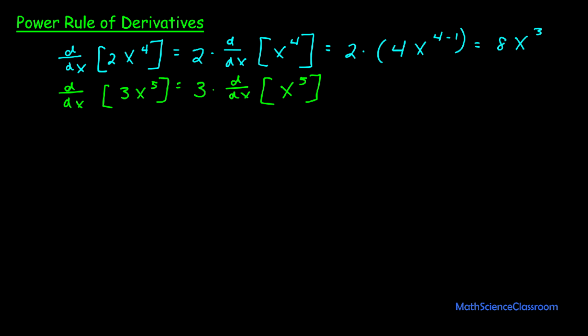And now we apply the power rule, equals 3 times 5x to the 5 minus 1, which equals 15x to the fourth power.